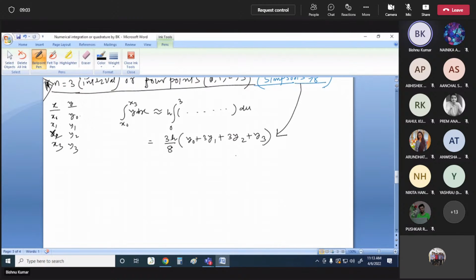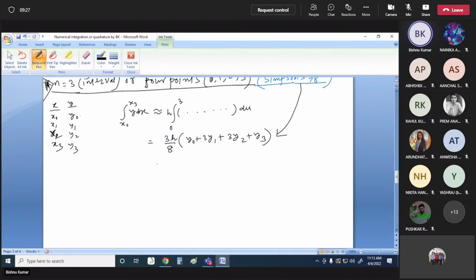Now the question: here you also have lots of points, and you are asked to calculate the integration value with the help of Simpson 3 by 8 rule. The rule is applicable for 3 intervals, so you use this formula for separate 3 intervals.